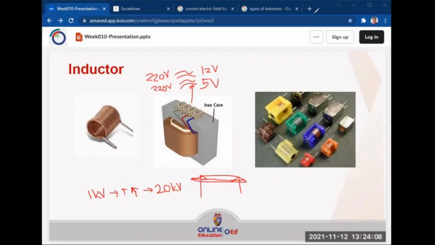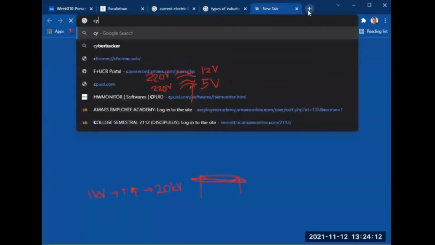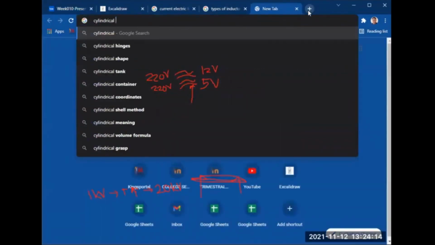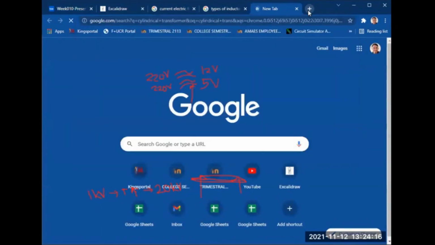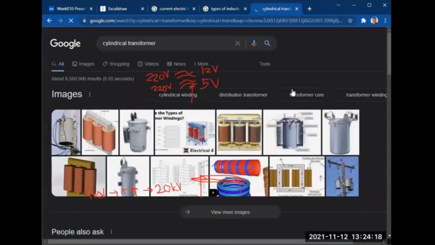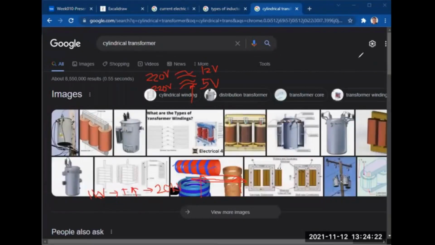Let's just search that one. Anyway, this one that you can usually see on our electric posts.